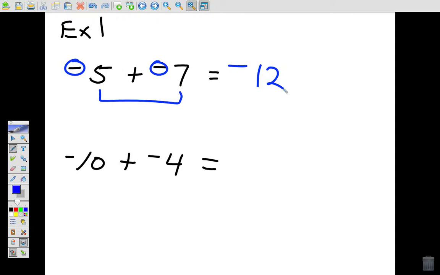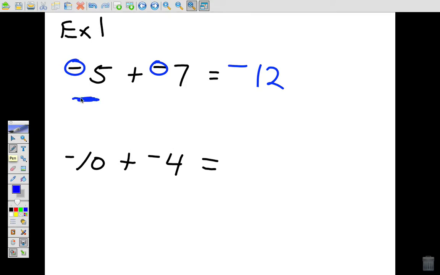Now, I like to have a little backup plan, in case I forget that a negative plus a negative is always negative. Remember, you can always use your number line. Sometimes I like to think of problems like this in terms of temperature. If you have a negative 5 degrees, that means 5 below 0.